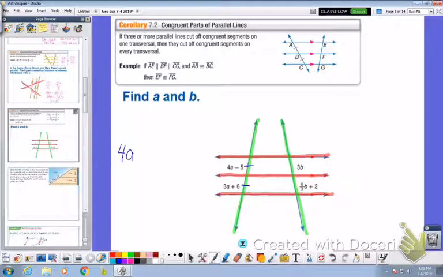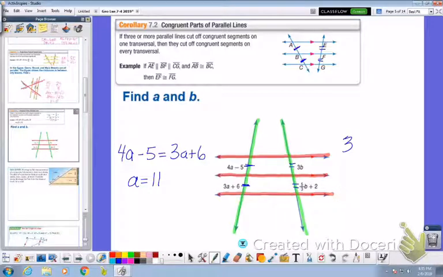So I can take 4a minus 5 and set it equal to 3a plus 6. You guys know how to solve that. If you solved it, a would have equaled 11. On the other side, because what it's stating is, if this segment is congruent to this segment, then that makes this segment and this segment congruent. Same on my picture. If these two are congruent, then it makes these 2 pieces congruent. So I can set them equal to each other and solve it.